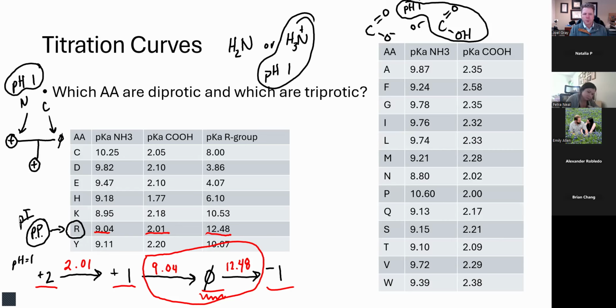So I'll take the 9.04 plus 12.48, add those up and divide by 2. 21 and a half divided by 2 would be like 10.65 or something like that. 10.76.